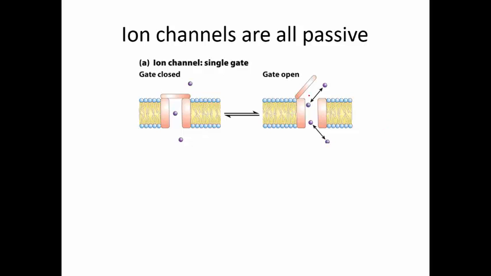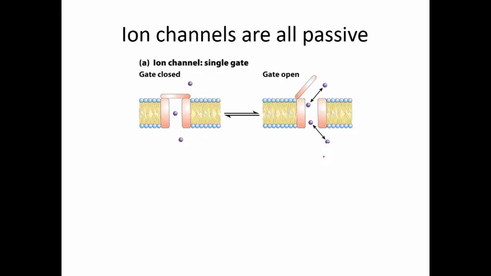Something causes this gate to open, and then essentially this is like making a pore, so molecules are going to flow in either direction. Because there's nothing causing them to flow in one direction or the other, it's passive. They're going to flow in whichever direction has a negative delta G. Ion channels are actually really important. There are a lot of really important ion channels in the human body.